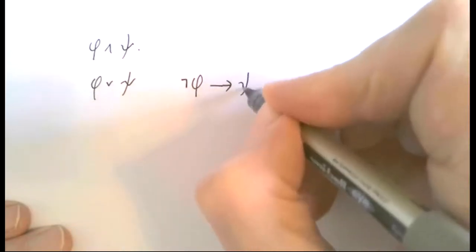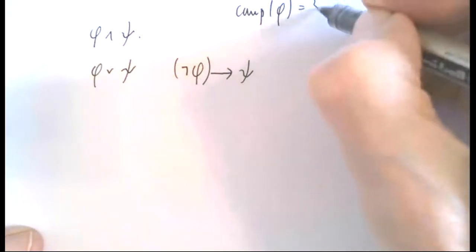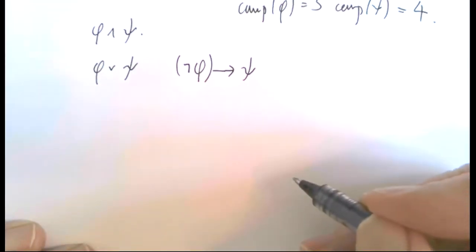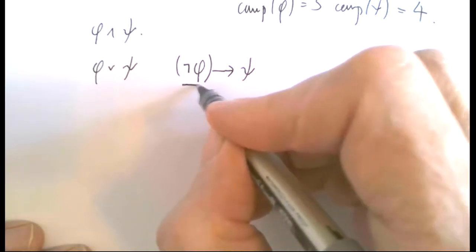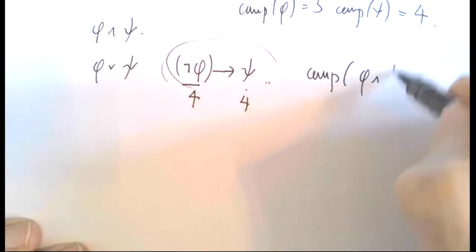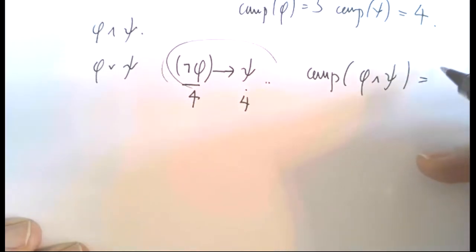Well, how do we define phi or psi? This is the same as not phi arrow psi. So if phi has got complexity 3 and complexity of psi is 4, what we have here is this has now got complexity 4. This has got complexity 4. The complexity of the whole thing is now 1 more than these two. So the complexity of phi or psi is 5.